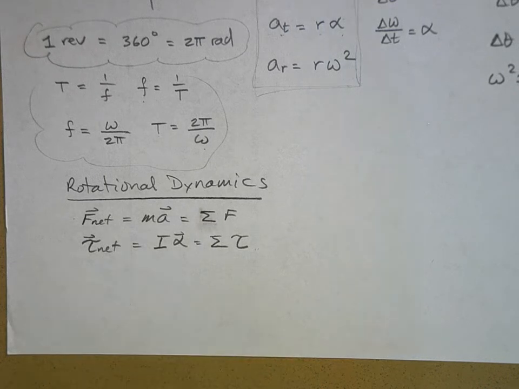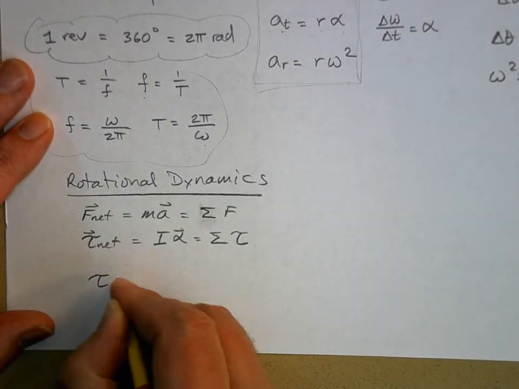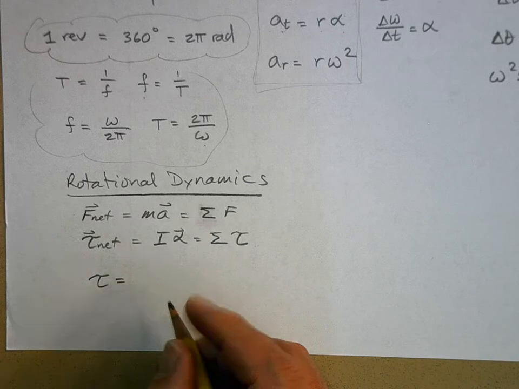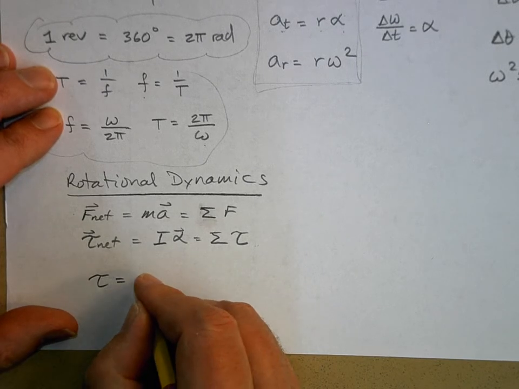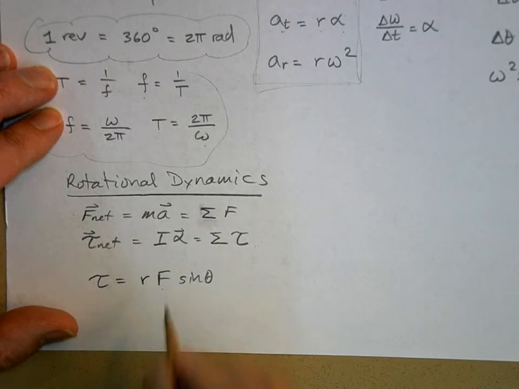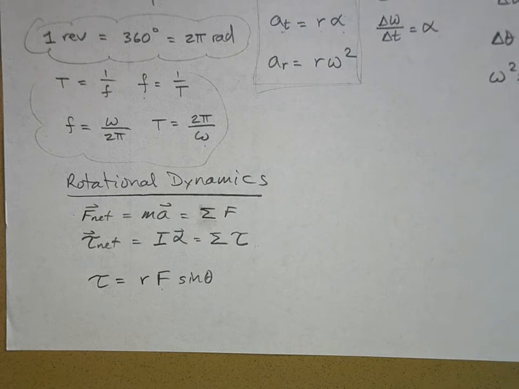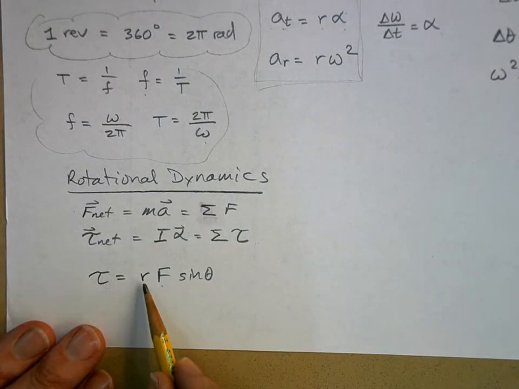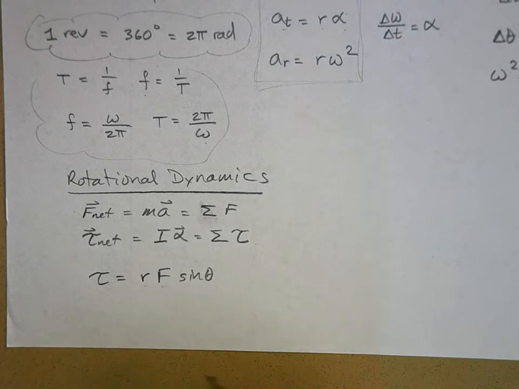Okay. Well, what is a torque? A torque is R times F times sine theta. It's a force, but it's only the force that's perpendicular to R, or your radius, from the axis of rotation to the application of the force.